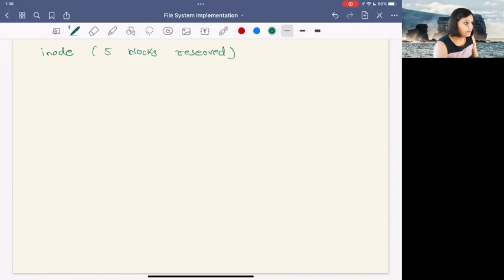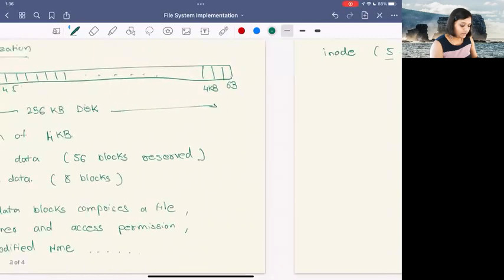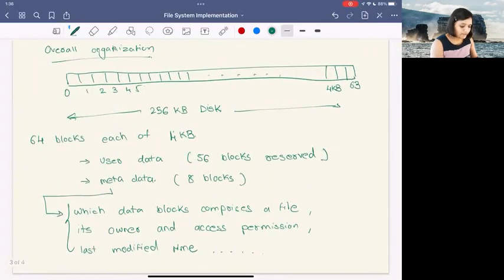Now, note that the inode is just a struct, and typically they are not very big. So how many inodes we can store in these 5 blocks would dictate the maximum number of files we could store in this disk, right? And if each of our files is very small, then we might be wasting the 56 blocks that we reserved for the data.